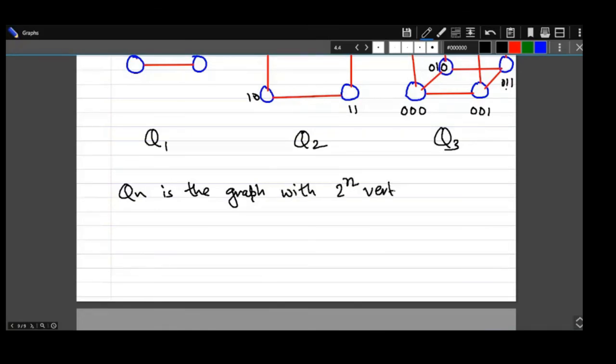Okay, now this is interesting. So 2 raised to 1 is going to be 2, 2 raised to 2 is going to be 4, and 2 raised to 3 is going to be 8.